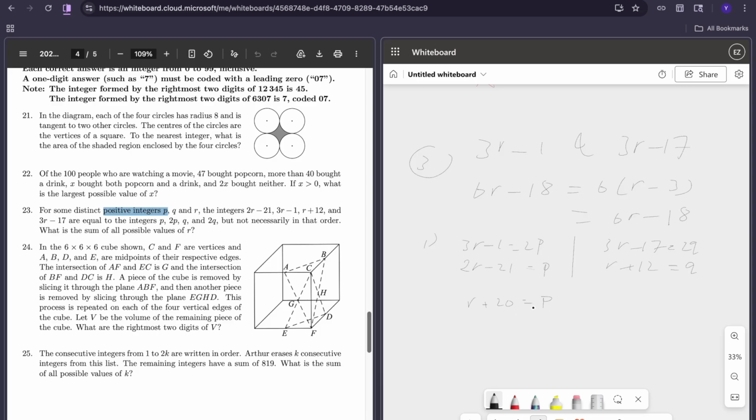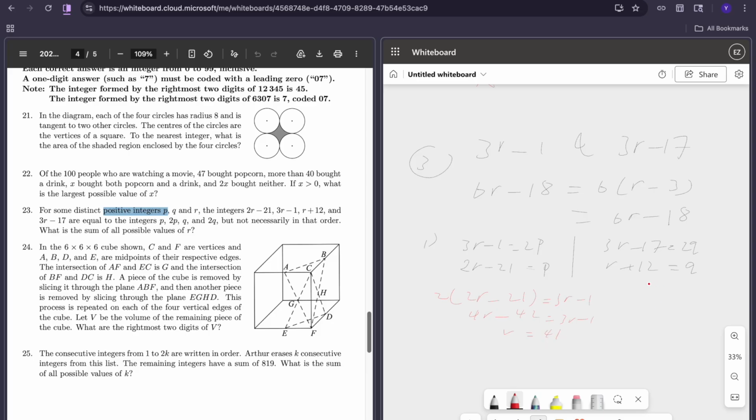But because we want to cancel out p, actually this way is not a really good method. I should do 2 times 2r minus 21 equal to 3r minus 1. And we solve it, we find 4r minus 42 equals 3r minus 1, and we get r equal 41.